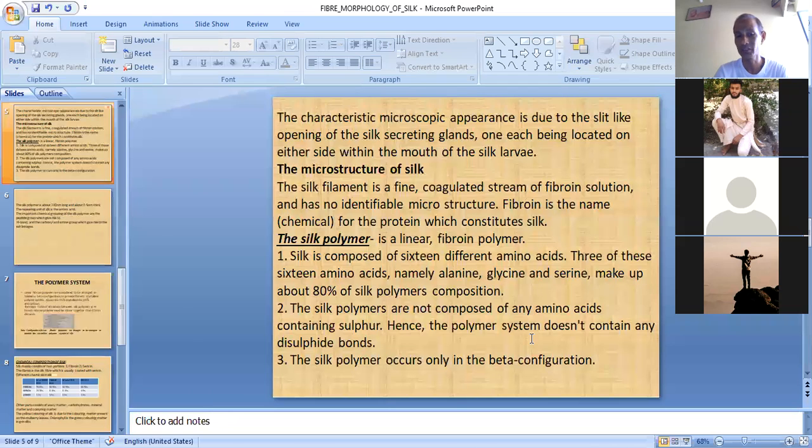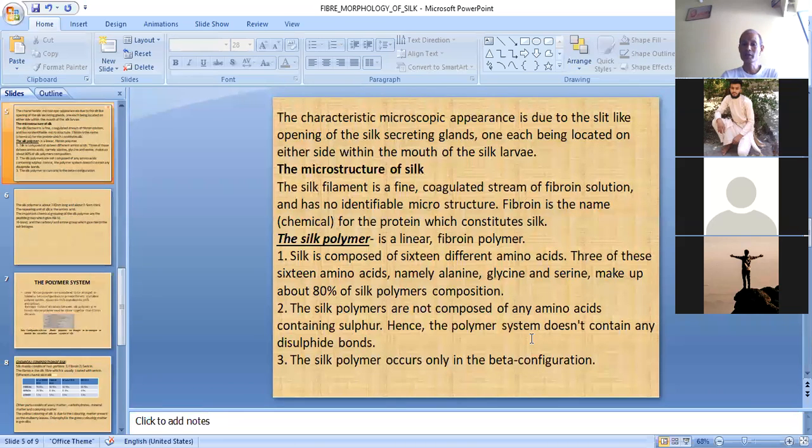That is one of the major differences between wool and silk. Disulfide bonds are not formed in silk, which are formed in wool. Reason is amino acids found in silk. There is no amino acid in the silk which is containing sulfur. अगर सल्फर होगा तभी डाइसल्फाइड बॉन्ड बनेंगे जिनको हम कोवलेंट बॉन्ड बोलते हैं.